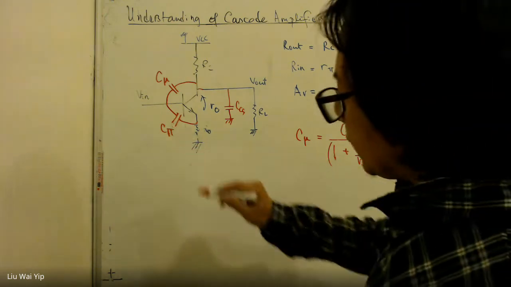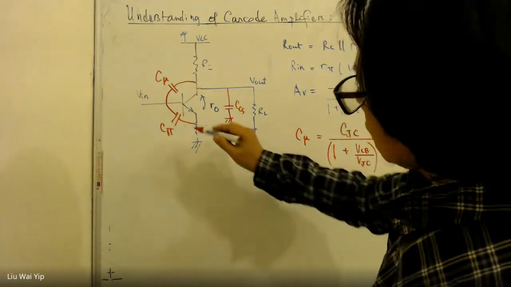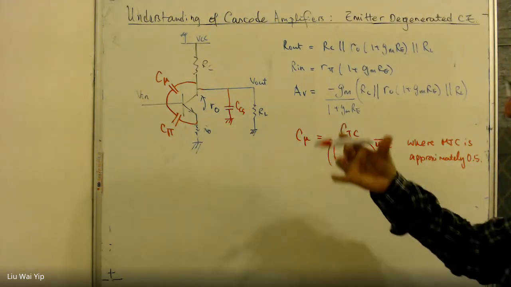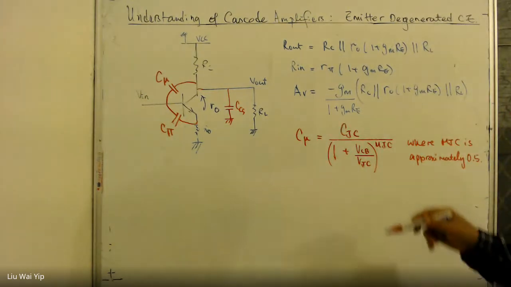Now our C pi. C pi is a capacitor connected to the emitter. It is a very small island between the anode.